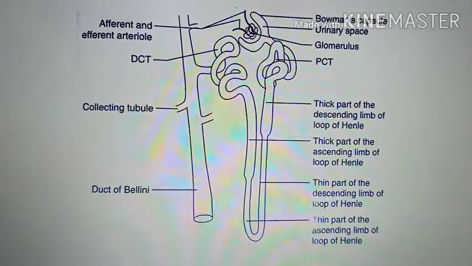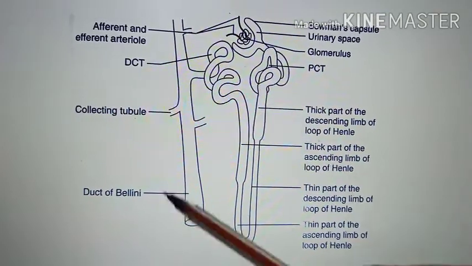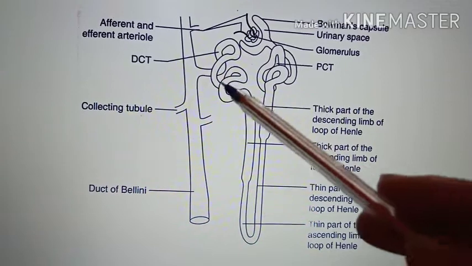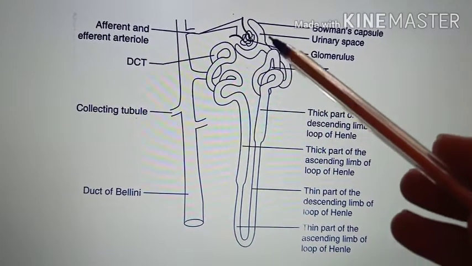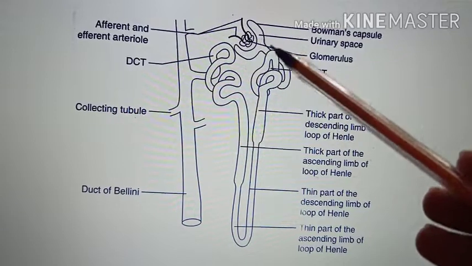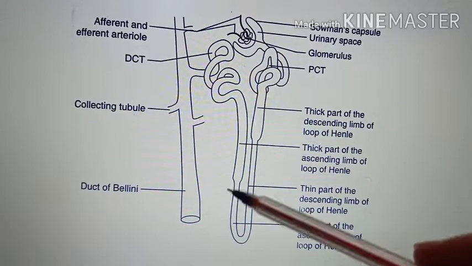Each nephron consists of the renal corpuscle, also called the Malpighian corpuscle, and a long renal tubule. In this diagram, this entire thing is called the nephron.